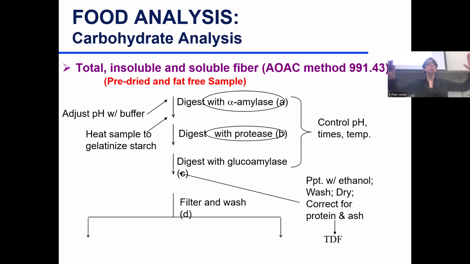If you want to get total, which is soluble and insoluble, you add ethanol. That will precipitate the soluble fiber. The insoluble fiber is already not soluble.